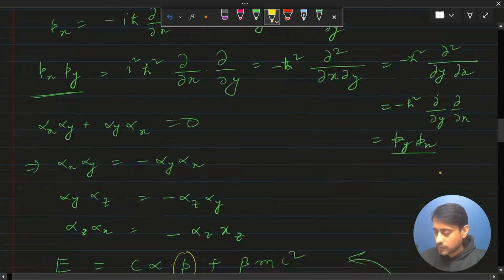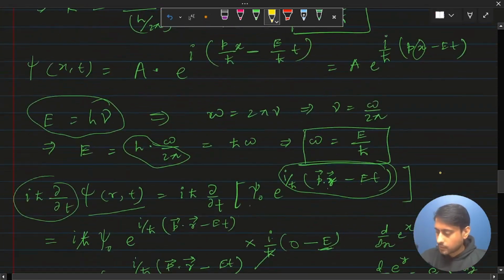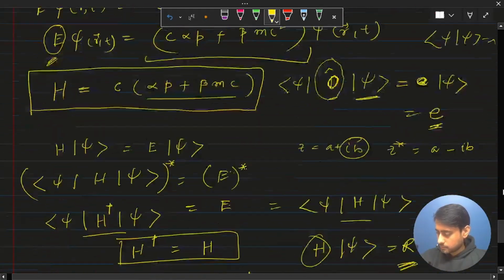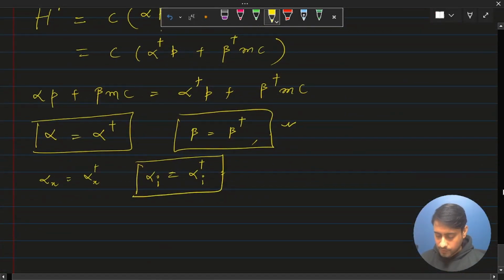So what are the recipes we already have with us? Let's write it in a sequence. We have alpha i square equals 1. You know that alpha i has three cases: x, y, and z.